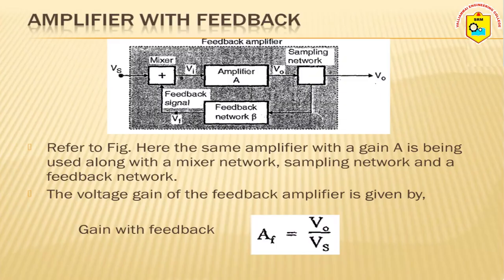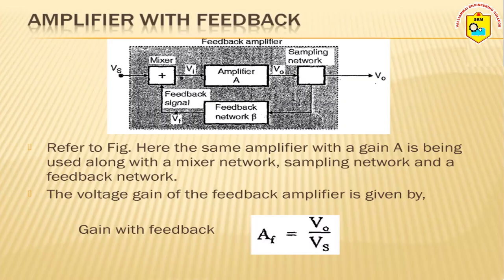Vs is the source signal, Vi is the input signal, V0 is the output, and Vf is the feedback signal. The work of the mixer is to combine the feedback signal and the source signal to get the input signal, and the sampling network samples a part of the output signal from the amplifier and feeds it back to the feedback network.